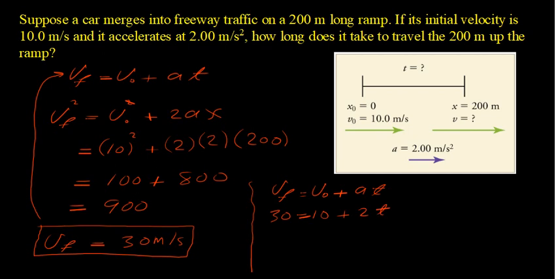Just simply rearrange the formula. It will be 30 minus 10 over 2, and that will give me 20 over 2. That will give me 10 seconds required for this car to travel that 200-meter ramp fully.